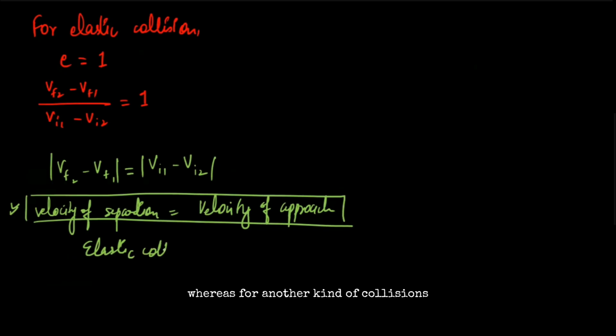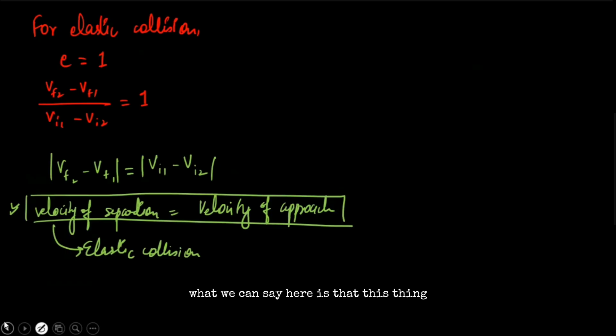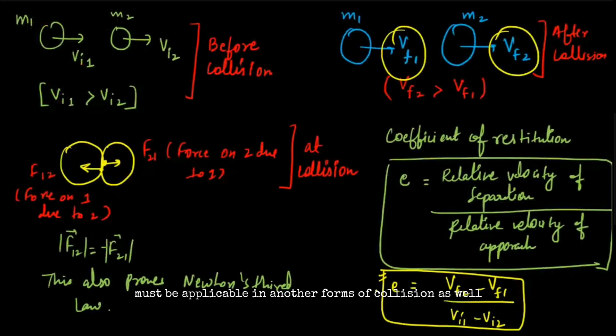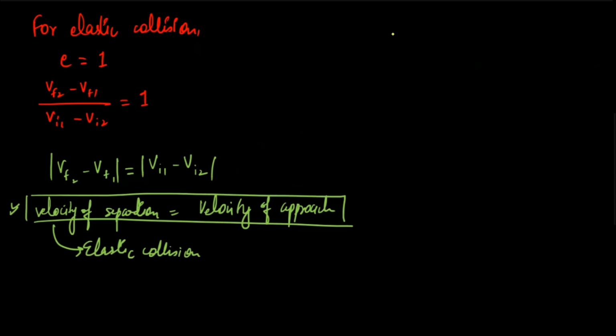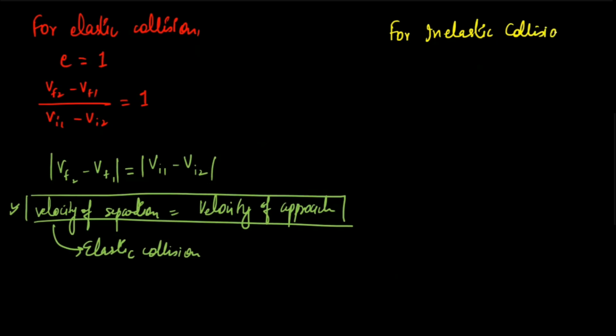Whereas for other kinds of collisions, this is not the case. But yes, this definition of E is applicable in other forms of collision as well. For other types of collision, which are generally called inelastic collisions, E is not equal to 1. E must lie between 0 and 1.